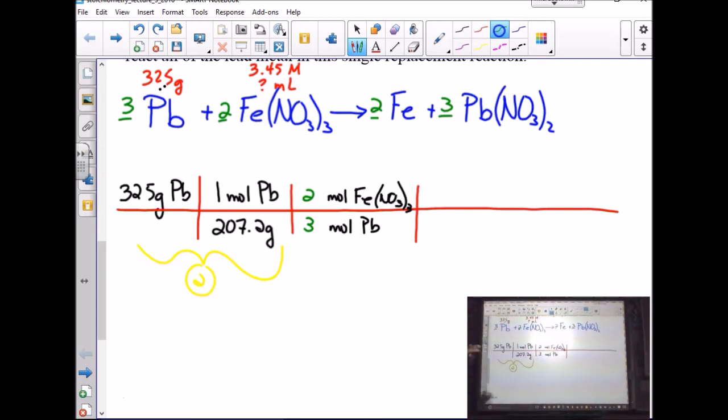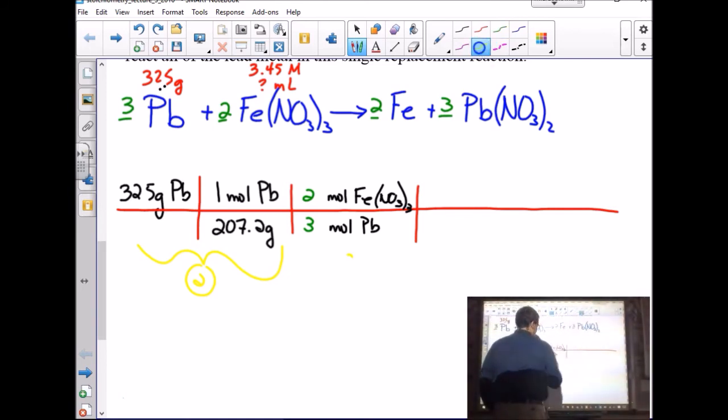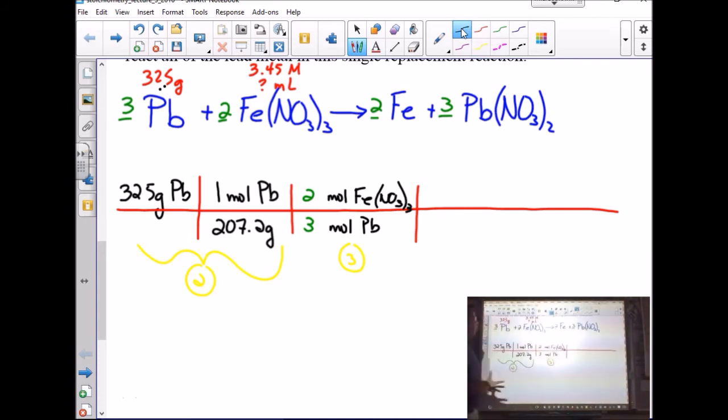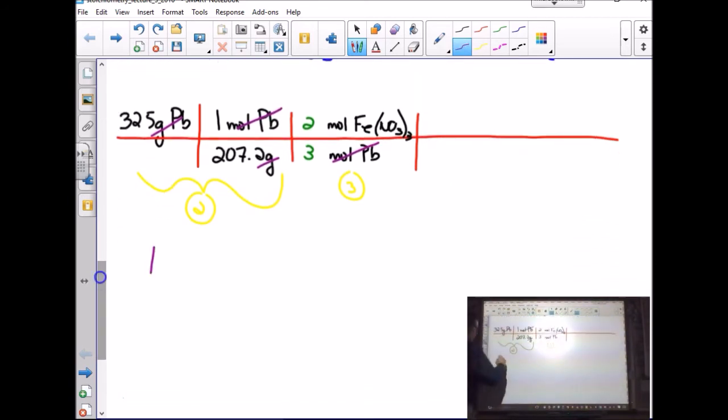All right, now, here's the interesting thing, and that's step 3, of course. How in the world are we going to get a volume when, if we stopped right here, we would have moles of iron 3 nitrate? Keep in mind that molarity is moles per liter.